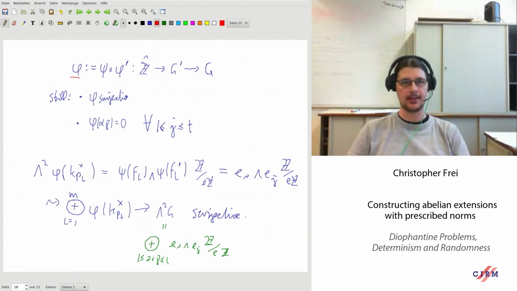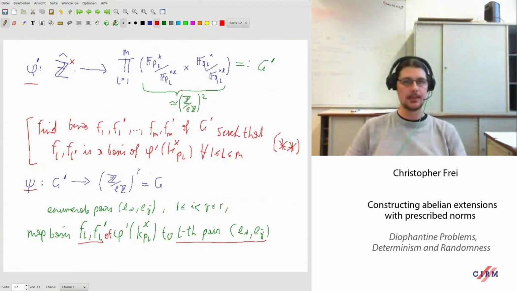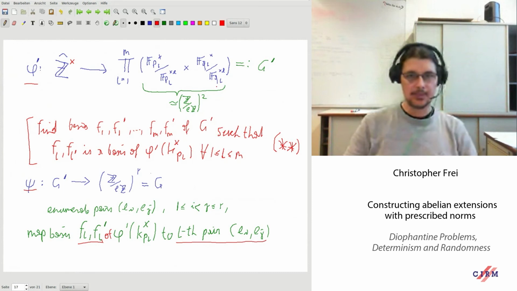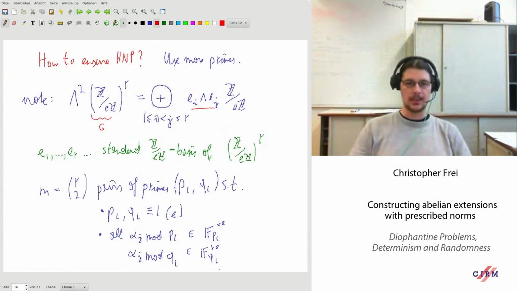So we go from Z hat star first to G prime and then to G. And then since both of these components are surjective, the whole thing is surjective, and we still have this property that phi of all the alpha j's is 0 for all my j's, because if you look back at phi prime, then phi prime goes here to PL not FPL to the E-th powers and QL, FQL, not FQL to the E-th powers, and my primes PL and QL were chosen in such a way that all alphas are E-th powers.